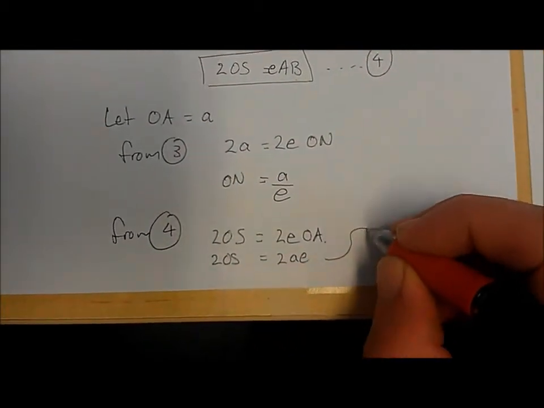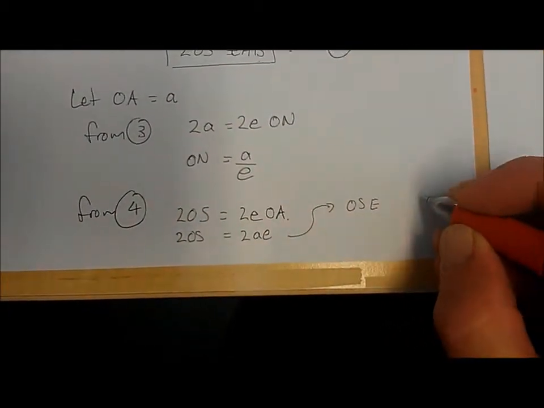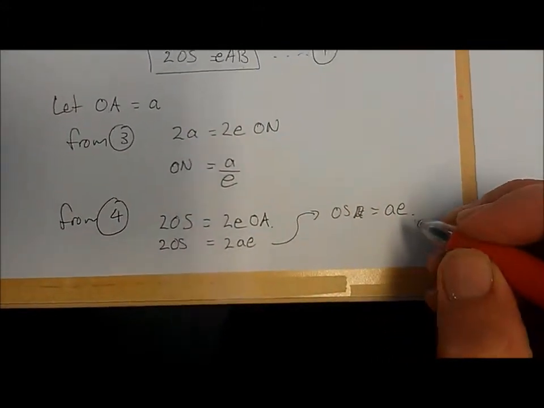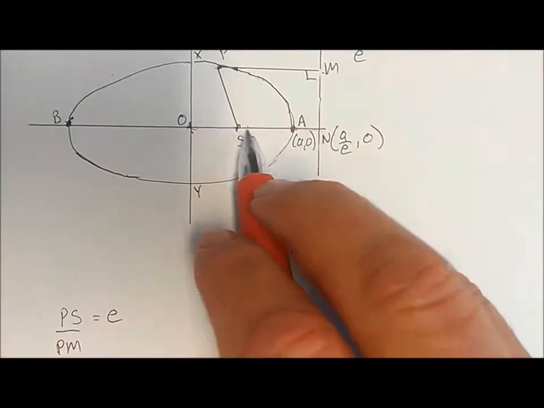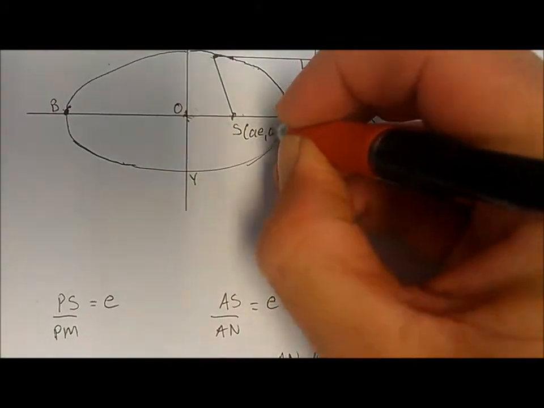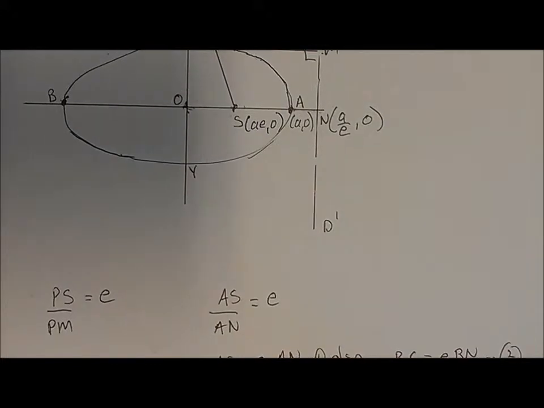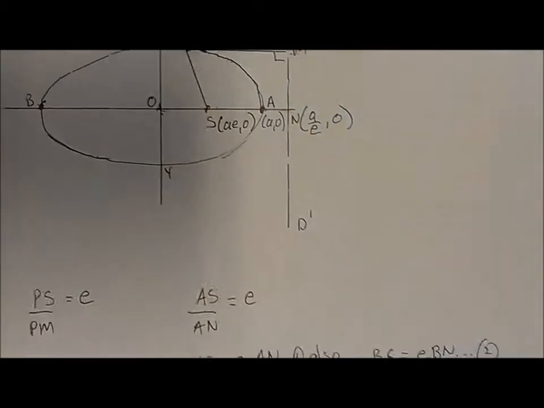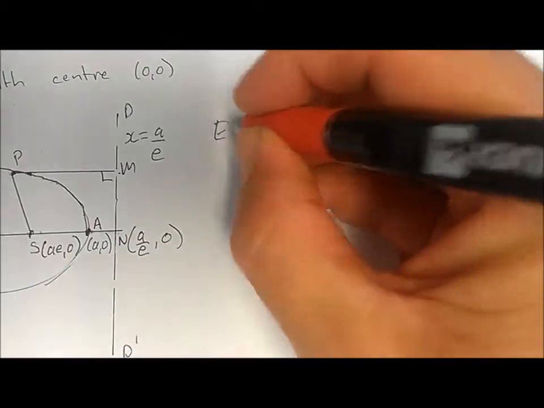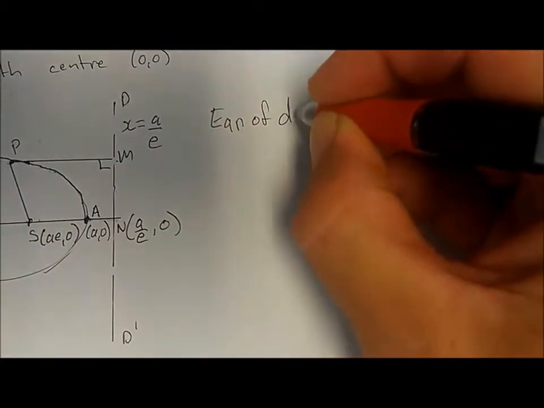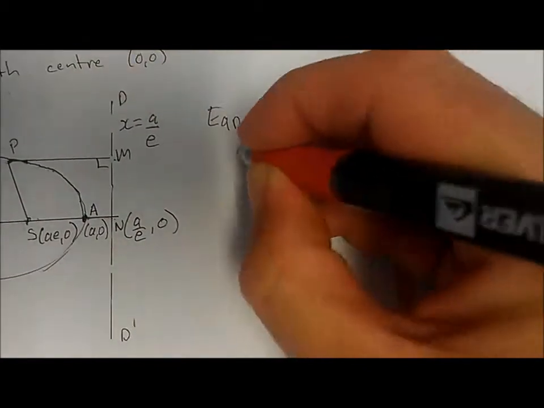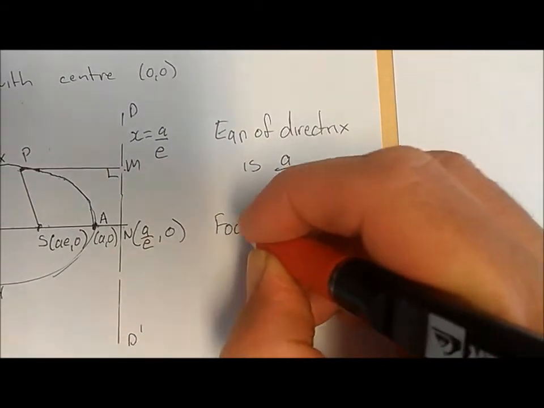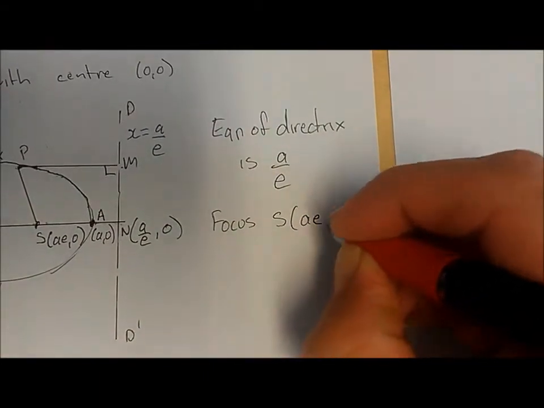And so in other words, OS is equal to AE. So that gives me this point here. OS is AE, so S is AE comma 0. So what I've got out of this is that I've got the equation of the directrix is A over E, and I've got the focus, S, is going to be AE, 0.